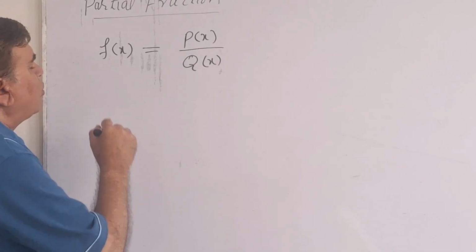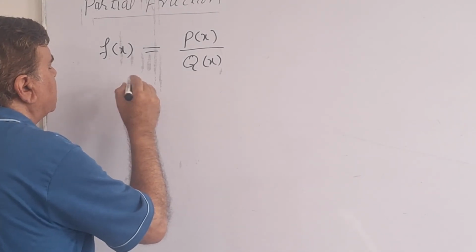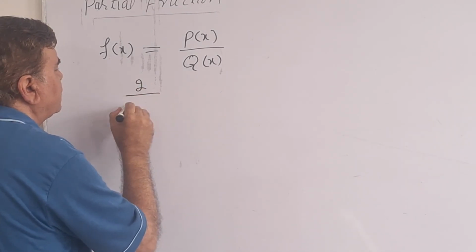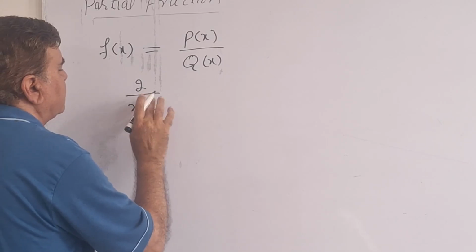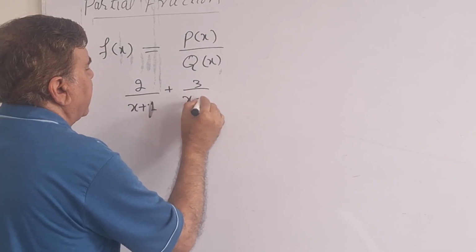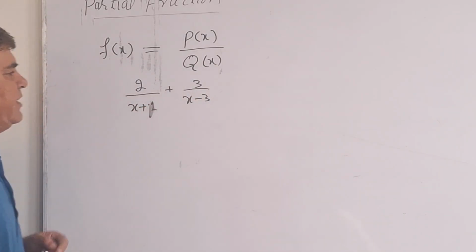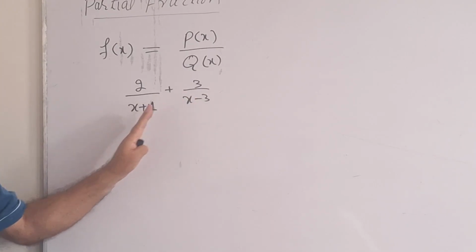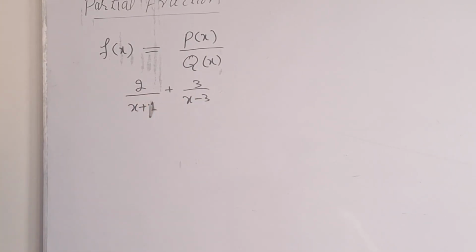In algebra, we usually take a function like this, 2 divided by x plus 1 plus 3 divided by x minus 3. Let's say we have the sum of two different terms which are in fact functions, and we want to simplify this and write it as a single term.